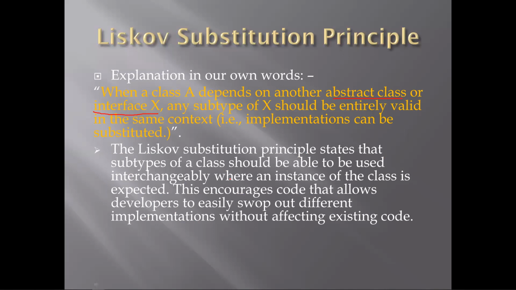So what it is actually trying to say is, suppose you have a class A and you have an interface X, and there are n number of implementations or subtypes of X. Say it's X1, X2, X3. There are three subtypes of interface X, and class A is dependent on interface X. You can either say it's dependent on interface X or one of its subtypes like X1, X2, X3.